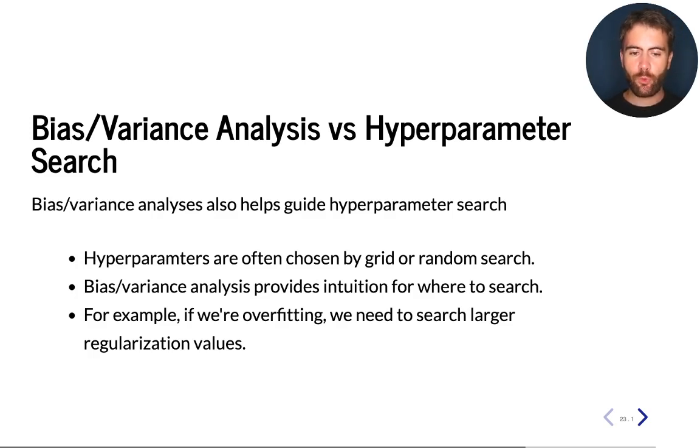For example, if we're overfitting, then we need to increase our regularization. So it makes sense to search for a better dropout parameter in a range which is higher than the value that we're currently using. So this analysis provides intuition for how to perform hyperparameter search.